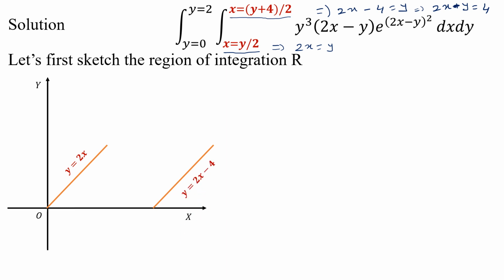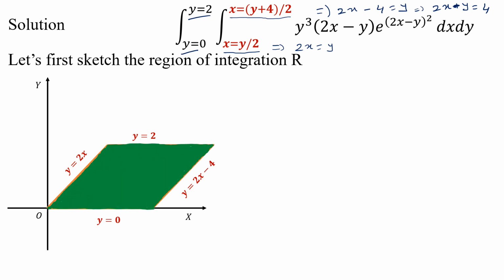So it is just an extension, a shifting, of y is equal to 2x, that we can say. Now we come to the next limit, which is y equals 0 and y equals 2. So y equals 0 is the x-axis that we see here, and y equals 2 that we have taken here.